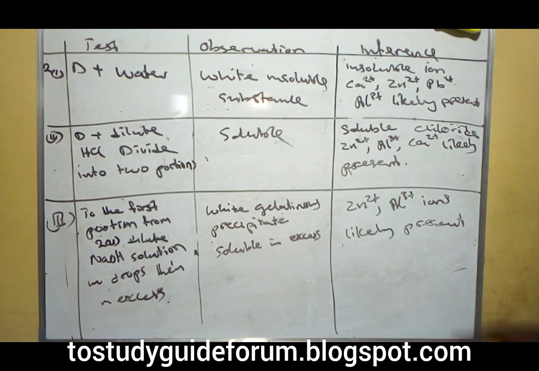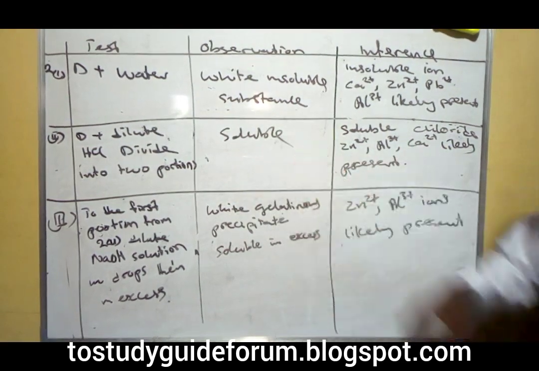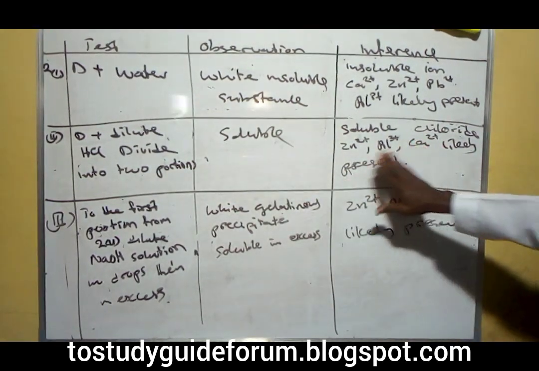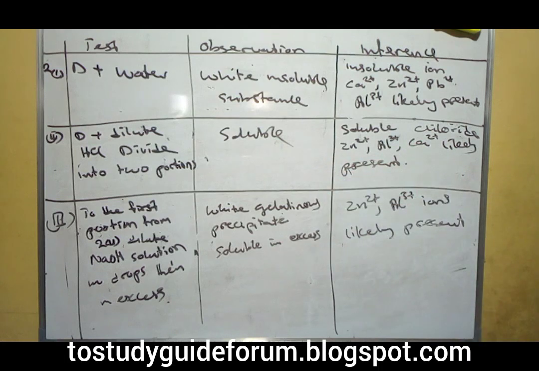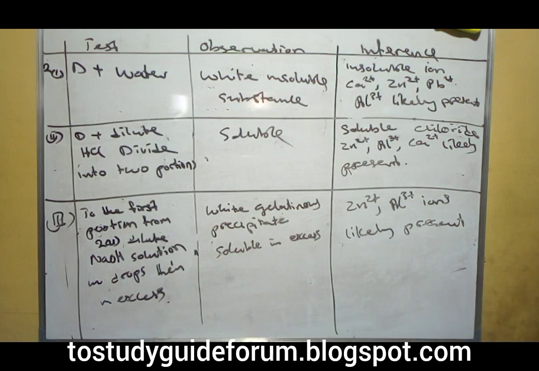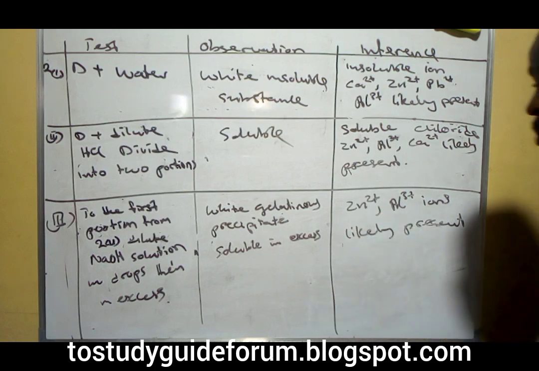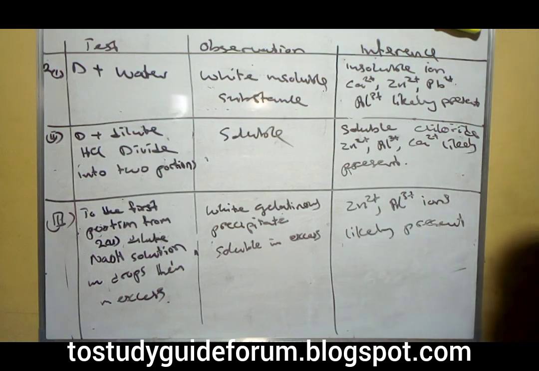These are the ones likely present because when we tested here, we noticed that all of them were soluble, meaning that lead is not there. So this is the possible thing that is likely to be in the compound.